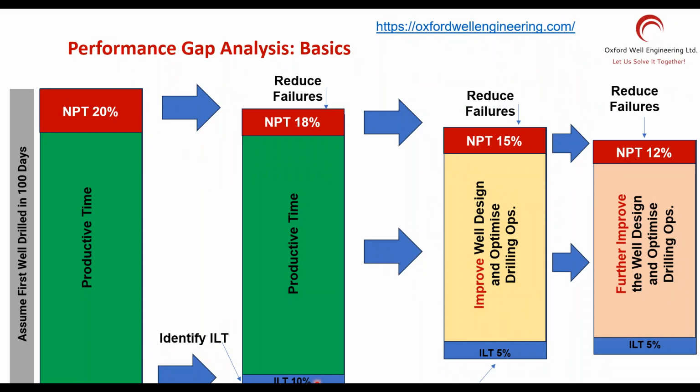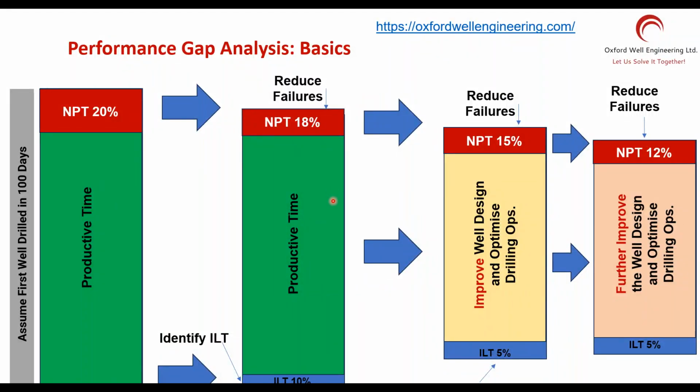It could be 10%, it could be 20% of the rig time. If you are really in bad shape, it could be 30%. On the deep water rigs, in the very expensive wells, it's only 2 or 3%. But for geothermal, you'll be surprised. It's most of the time 10% or more.